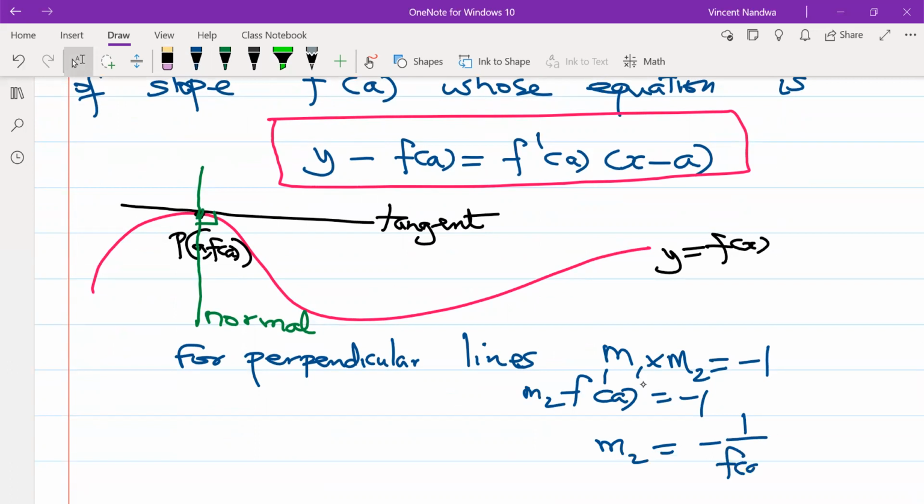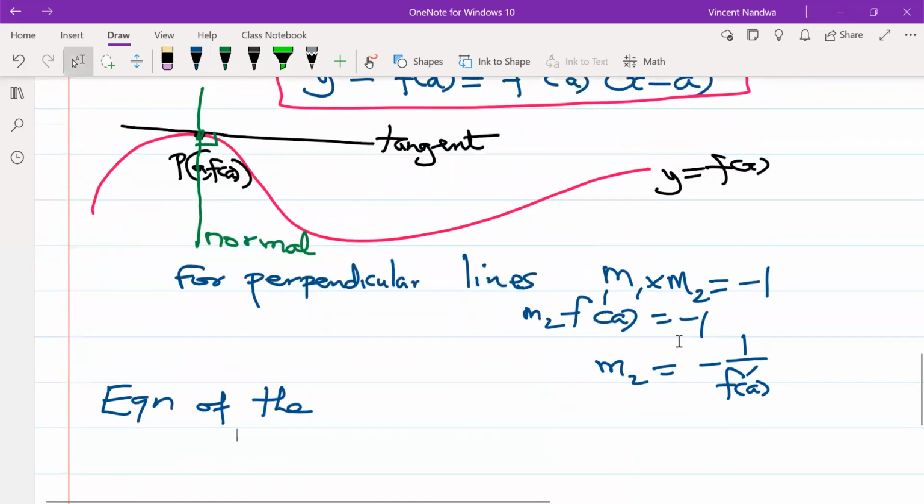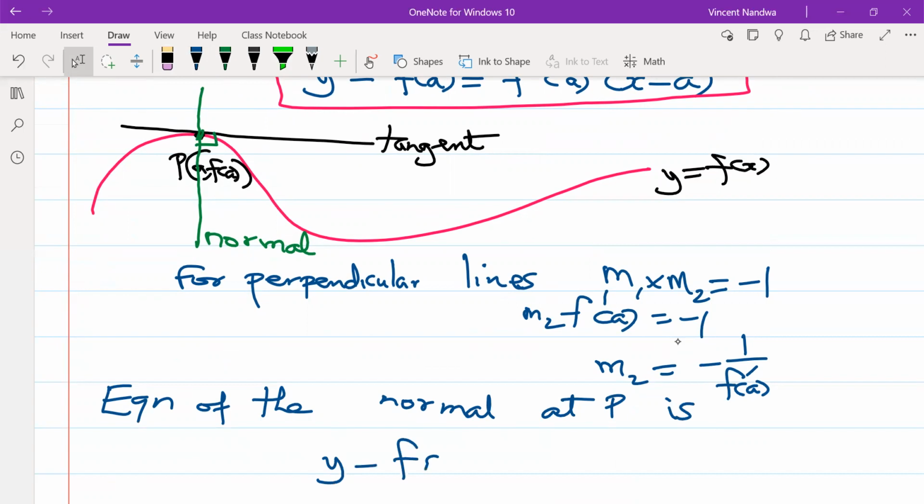It is -1 over f prime at a. So the equation of the normal at P is y minus f at a equals -1 over f prime at a times x minus a. You don't have to worry about this expression. We'll do examples to illustrate how to find tangents and normals.